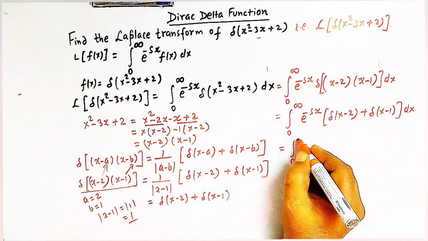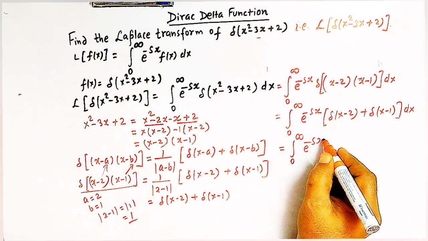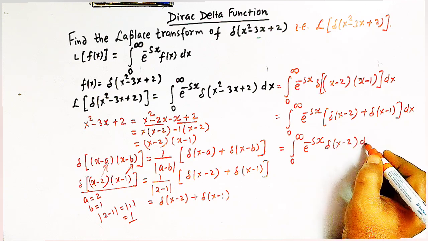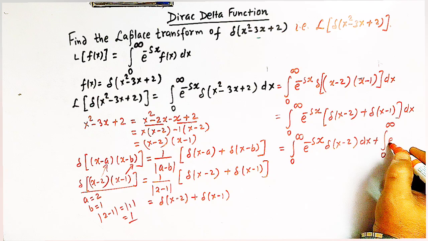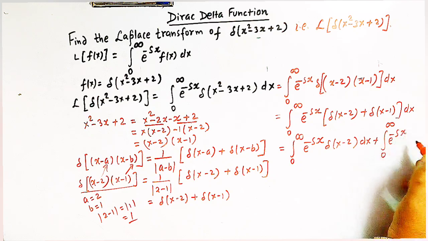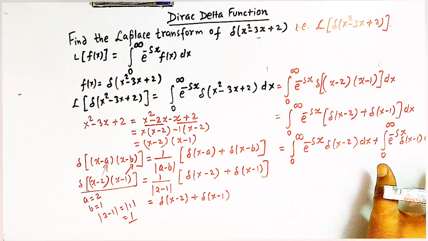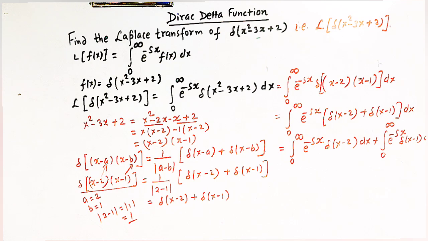So we have 0 to infinity e raised to minus sx delta of x minus 2 dx plus 0 to infinity e raised to minus sx and delta of x minus 1 dx. So now we have two integrals.